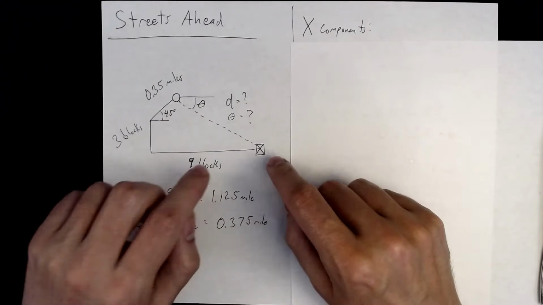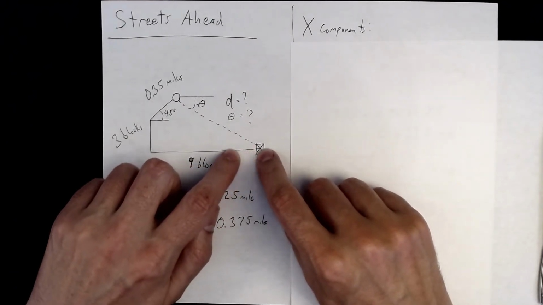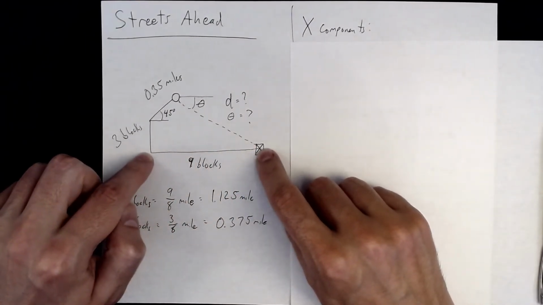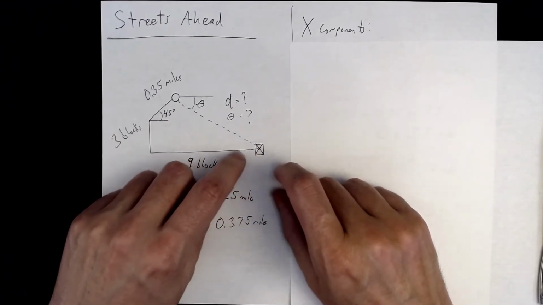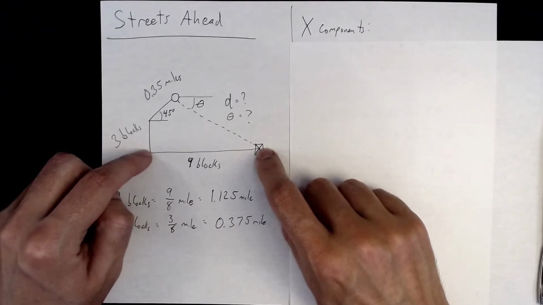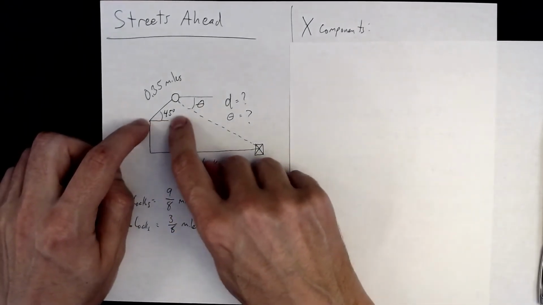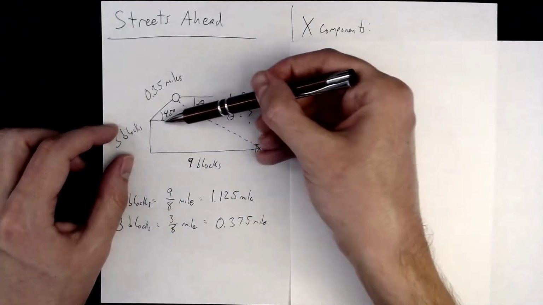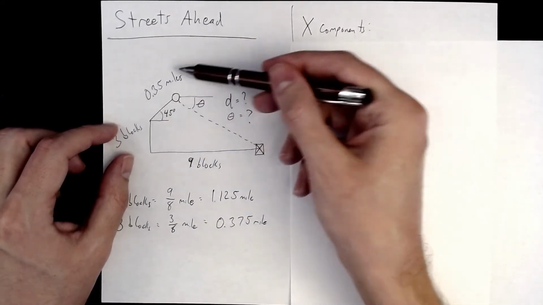More precisely, we should be saying we're going to take this, and this is going to be minus, because this is going west. I have to go west from here. So I take this as negative 9 blocks, and then we're going to add whatever component, the eastward component of this 0.35 miles is.